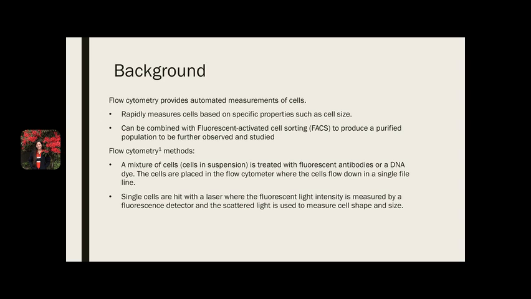The cells are then placed in the flow cytometer, where they flow down in a single file line. These single cells are then hit with a laser, where the fluorescent light intensity is measured by a fluorescence detector, and the scatter light is used to measure cell shape and size.